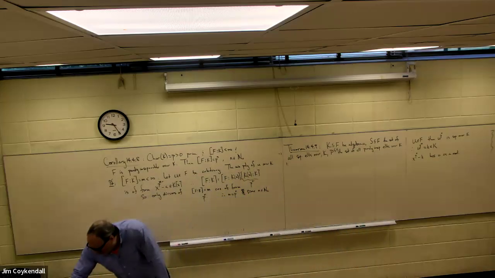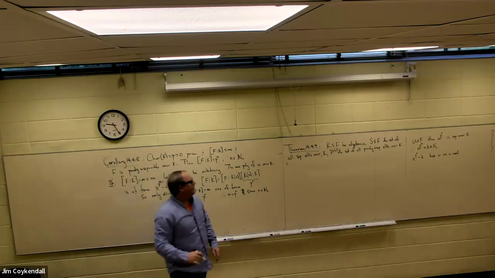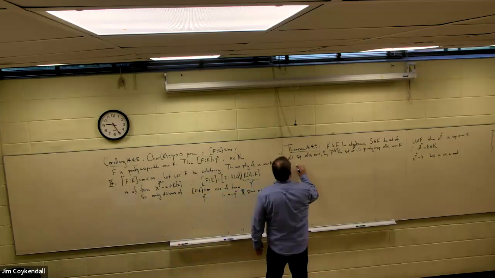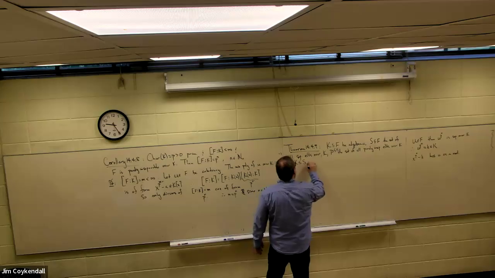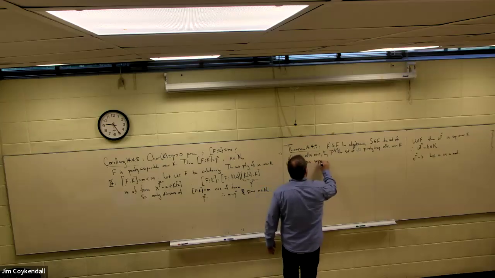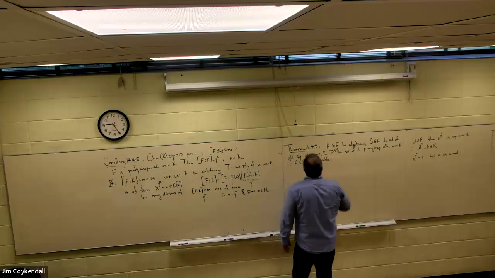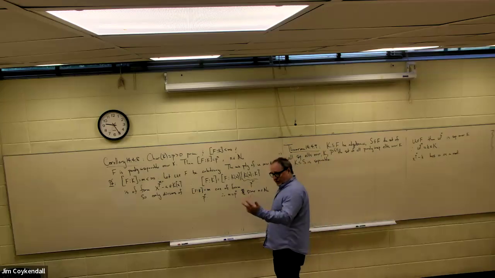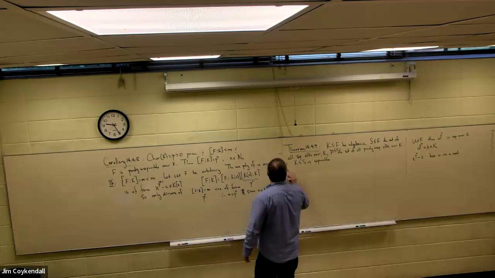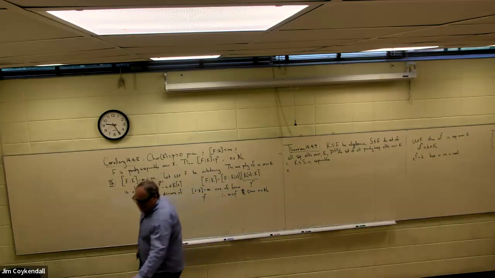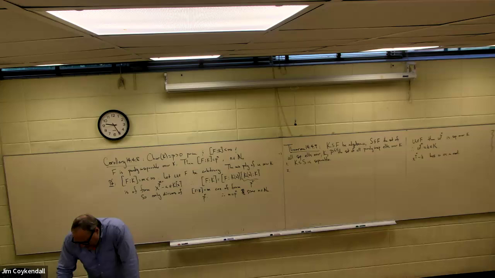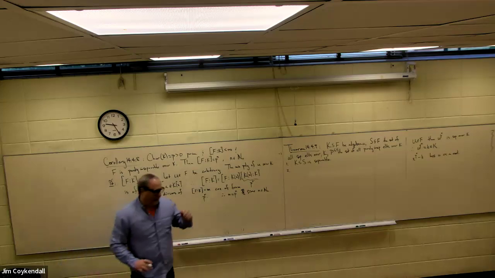So number one, S is separable over K. So the set of separable elements forms a field, and it's a separable extension. Two, F is purely inseparable over S.